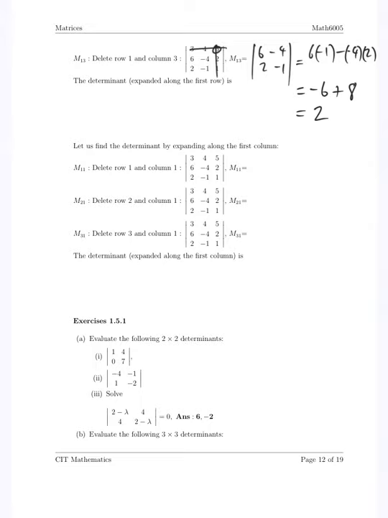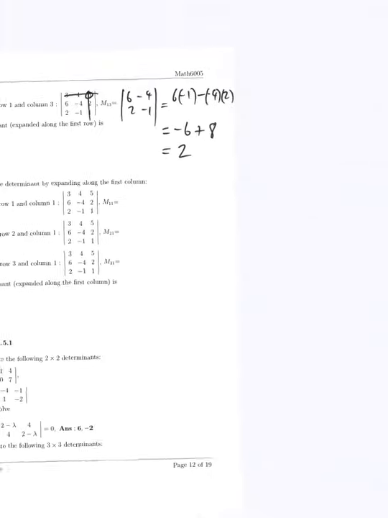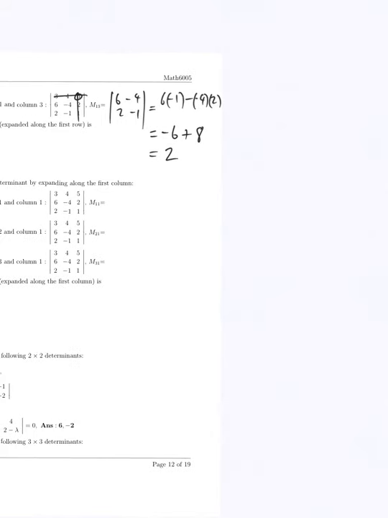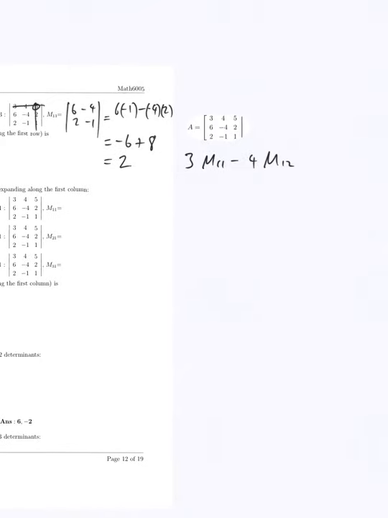So I'm going to put A back in here so we can have a look at it. And then we calculate the determinant expanded along the first row. So that's going to be 3 times M11 minus 4 times M12 plus 5 times M13.